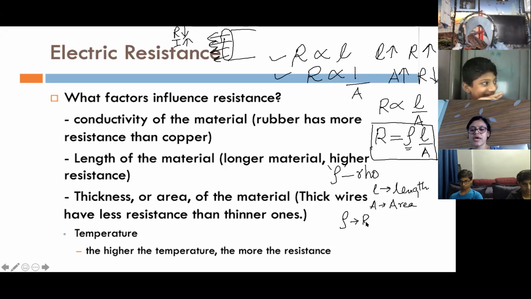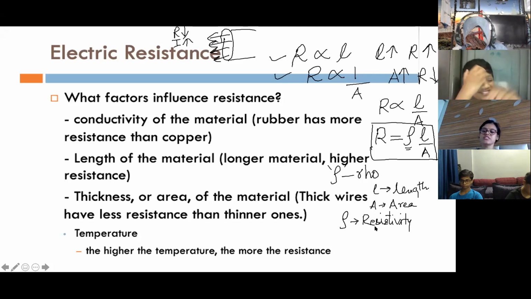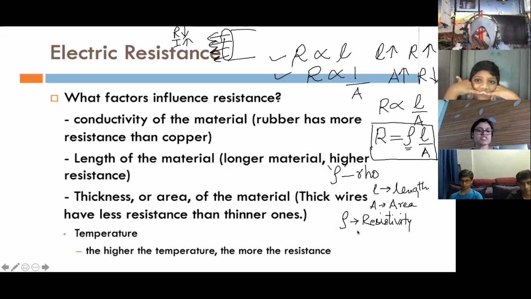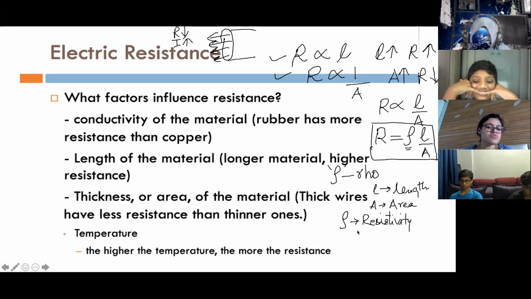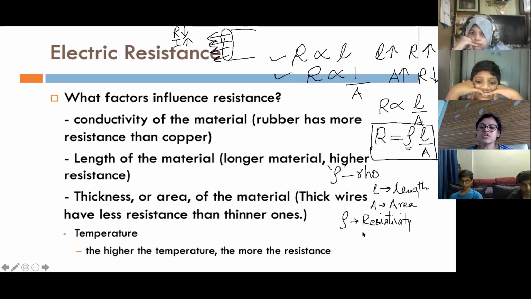Rho is called resistivity, RESISTIVITY, of the material, and this is fixed. You know, density of each material is fixed. Same way, this is a constant of the material. Resistivity of a material will be fixed. Copper you take from any place, the resistivity of copper will be the same.